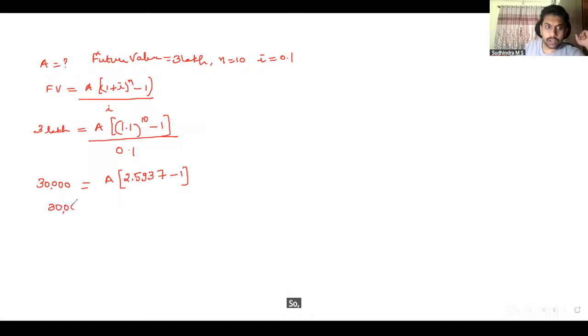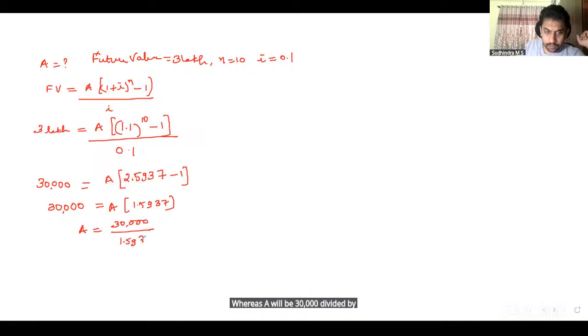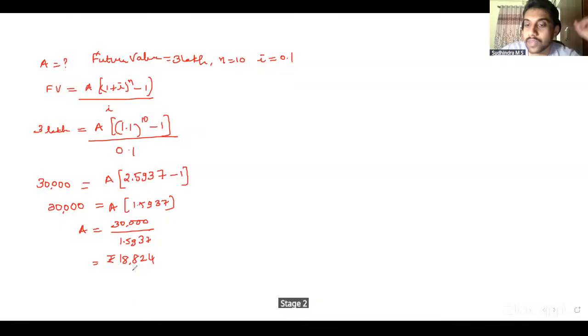So 30,000 is equal to A into 1.5937, whereas A will be 30,000 divided by 1.5937, which is rupees 18,824. Somewhere around that you get.